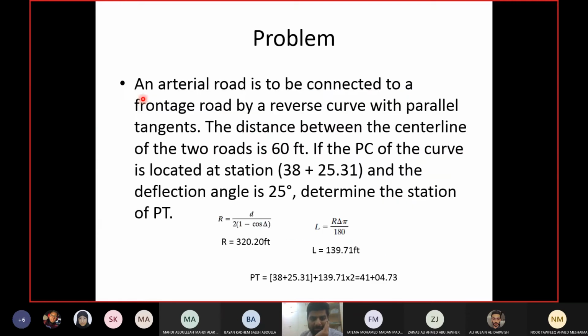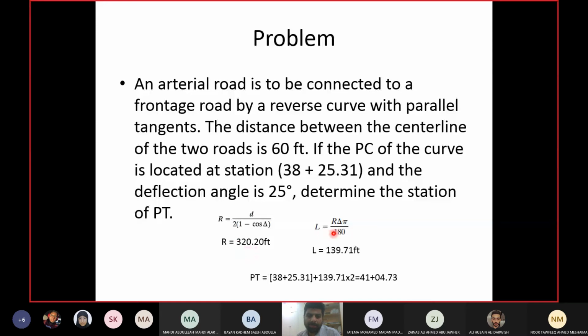You are shifting from the main road to the frontage road, and how much is the distance between the two roads? 60 feet. So this becomes a small d. Small d is 60 feet, delta is 25 degrees. You apply the equation, the R comes out to be 320.20 feet. Now this example is in feet, so you have the chance to do the stationing in feet as well. So you have the radius.